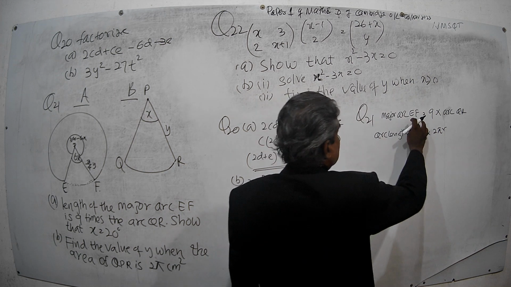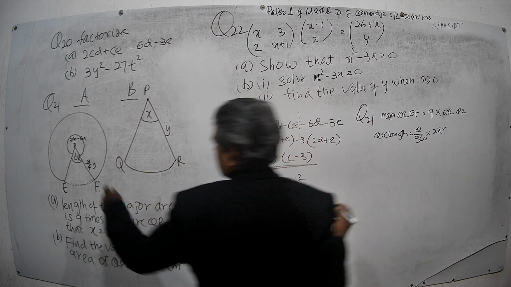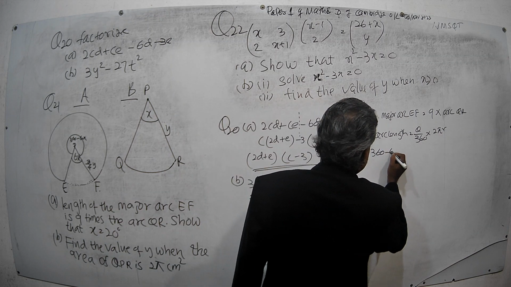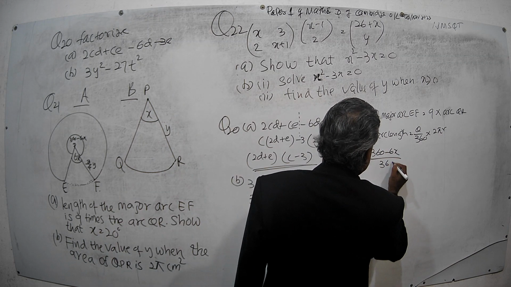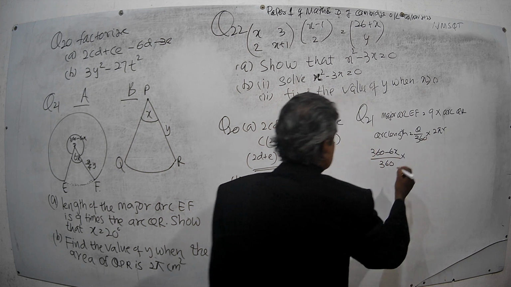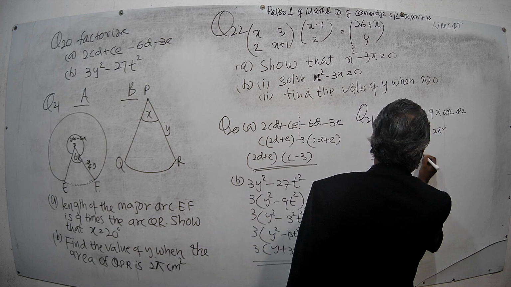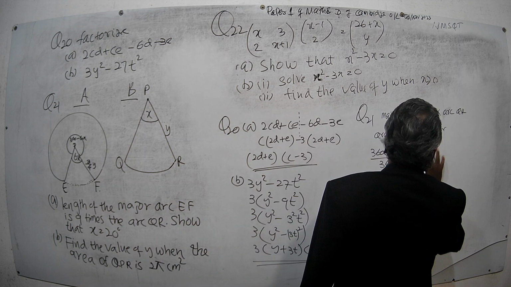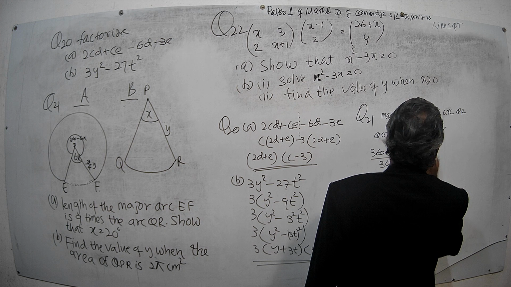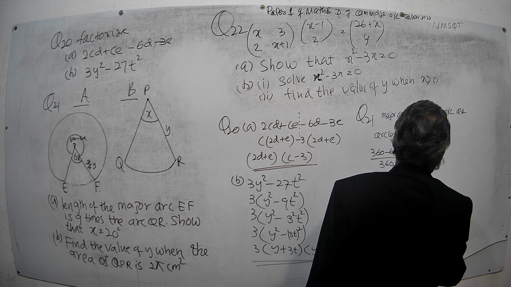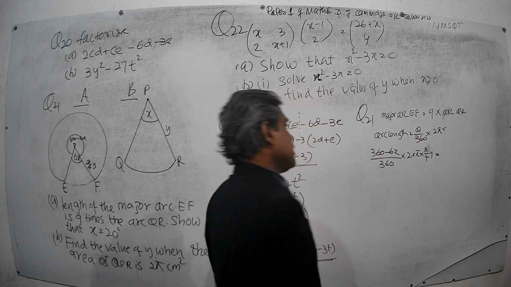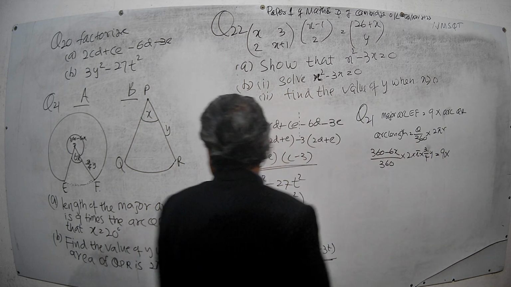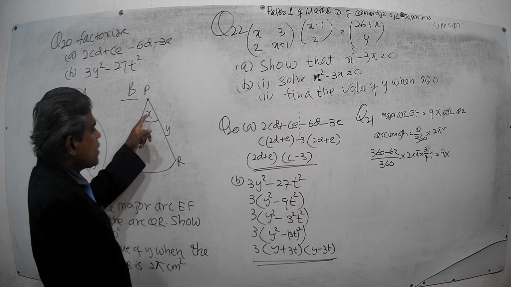Then we will apply this to this one. Major arc EF, how do you find that length? 360 minus 6x over 360 into 2 pi r, 2 into pi into r, where r is 3 over 4y, equals 9 times arc QR.